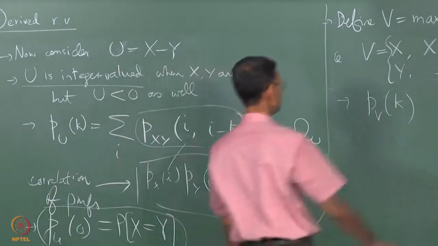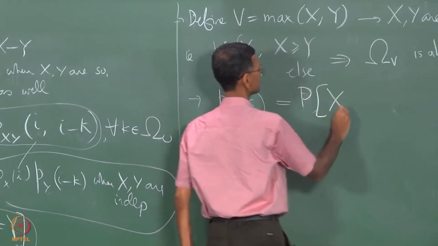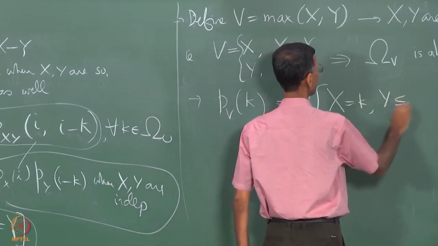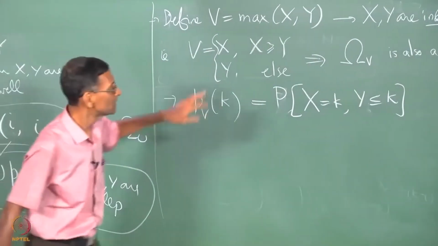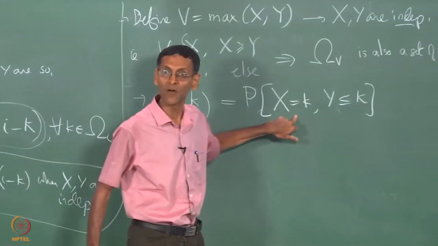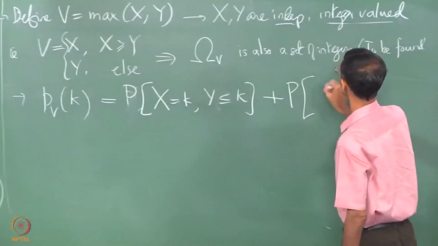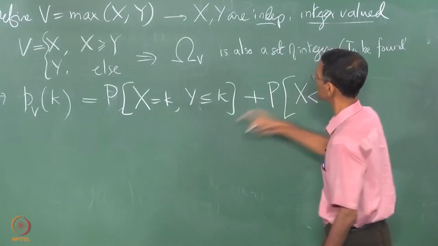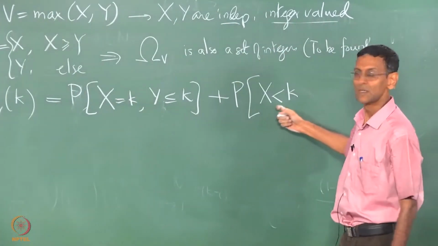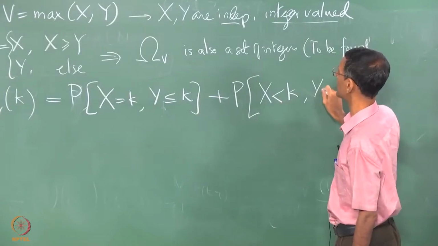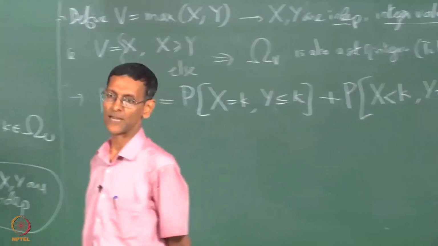So P_V of k is the probability that x equals k, y is less than or equal to k. This is one part of it. Plus the probability that x is smaller than k when y equals k, because I have already looked at the equals case. To avoid double counting, I insist that x is smaller than k when y equals k. I do not want to count x equal to k, y equal to k twice.